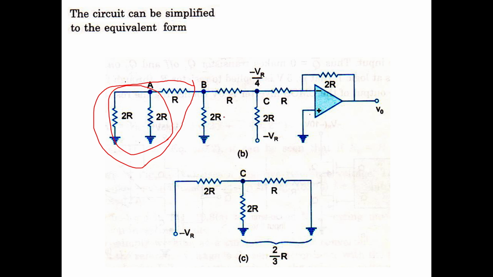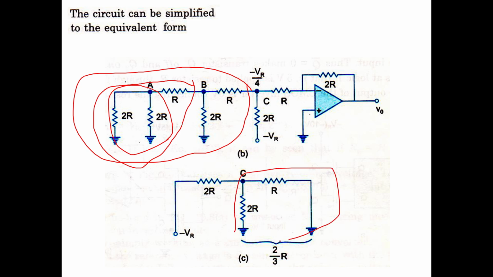Now 2R, 2R in parallel, you will get R, and this R and this R in series, you will get 2R. So your circuit simplifies to 2R, here 2R, R. So this combination is 2 by 3 R.